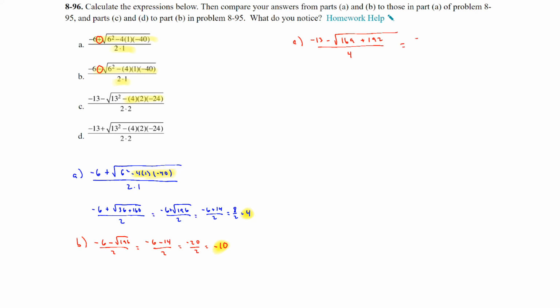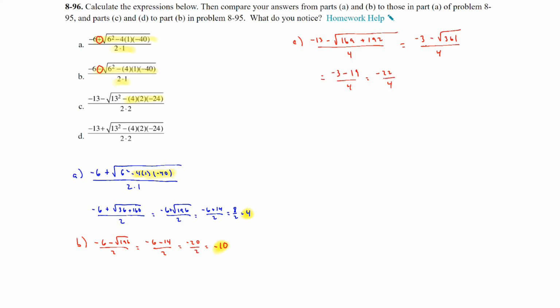And this will equal, let's keep simplifying. What's 169 plus 192? That's 361 divided by 4. And the square root of 361 is 19, so we have negative 13 minus 19 over 4.